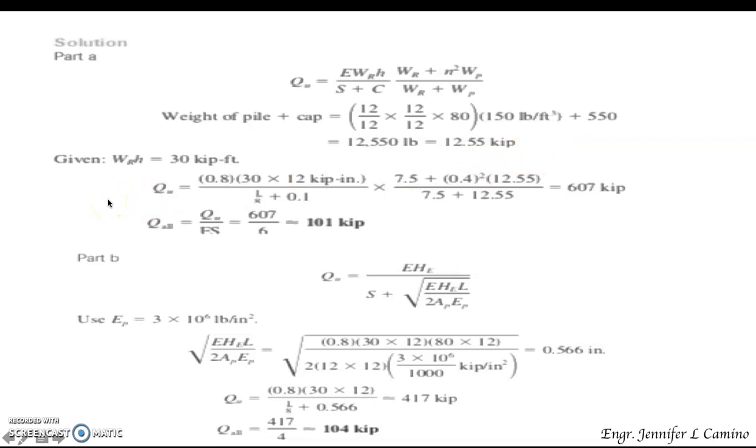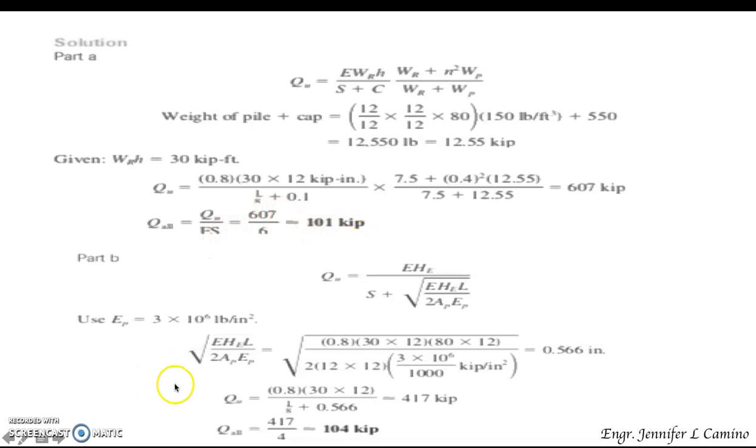And we are going to have our Q sub U, wherein our W sub R h is equal to 30 kips feet. So therefore, our Q sub U, we simply have to substitute to this equation. We simply have Q sub U is 607 kips. If we're going to get the allowable pile capacity, Q sub U over FS, so that is 101 kips.